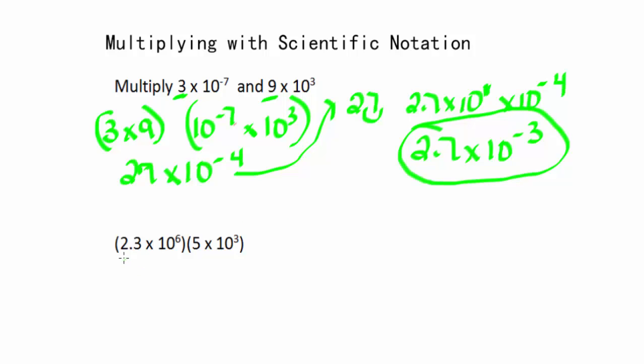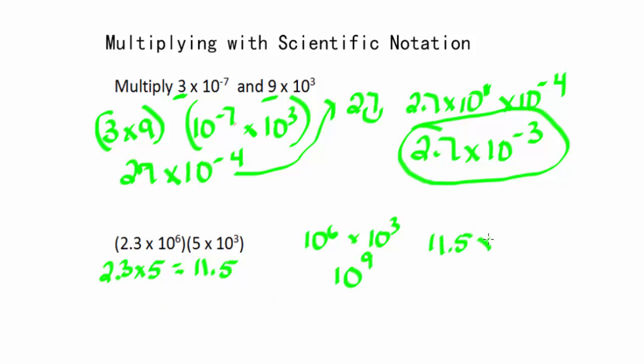Okay. So coming down here, 2.3 times 5, so you just do 2.3 times 5, which is going to give me 11.5. I did that earlier. And then we do the 10 to the 6th times 10 cubed. Okay, so that's going to give you 10 to the 9th. So now we have 11.5 times 10 to the 9th. Okay, again, if this was in scientific notation, you would stop and be done, but it's not.